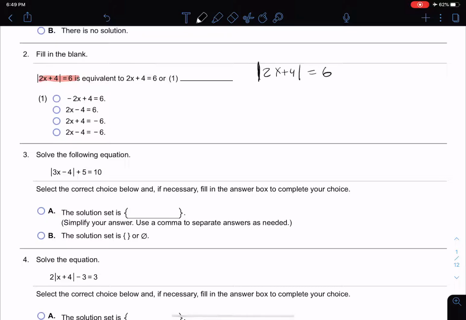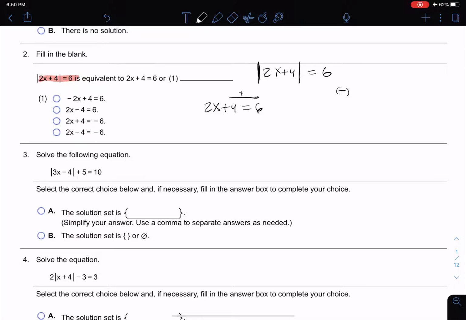Now, if I was going to try to solve for x and moving things around, it's not going to work with the absolute value. We need to simplify the absolute value, get rid of the absolute value bars legally. And the way you do that is you realize that there is a positive case and then there's a negative case. The positive case just basically says, if I could figure out what 2x plus 4 is, if that equals 6, that's going to give me an answer, right?